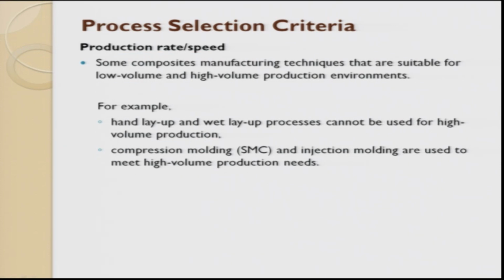For low volume we look for hand layup and wet layup processes, which cannot be thought of for high volume production. In high volume production we always look for compression molding and injection molding, which cater to the high volume production requirements.